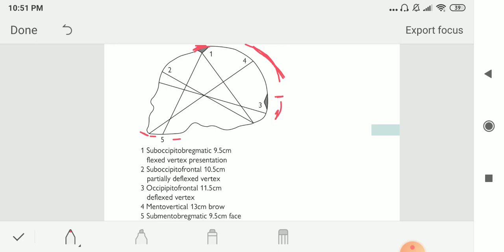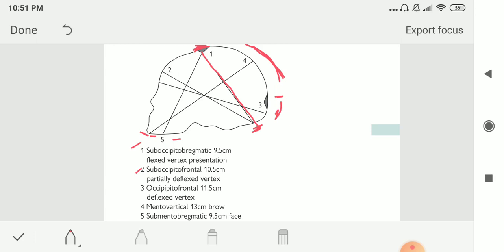So what is the first diameter? The first diameter is the suboccipitobregmatic, from below the occiput, the subocciput, to the bregma. It is 9.5 centimeters.